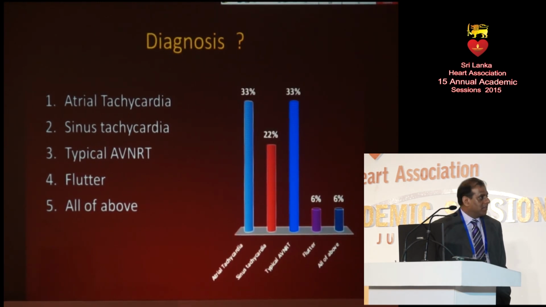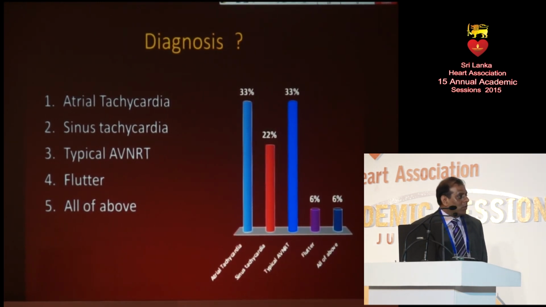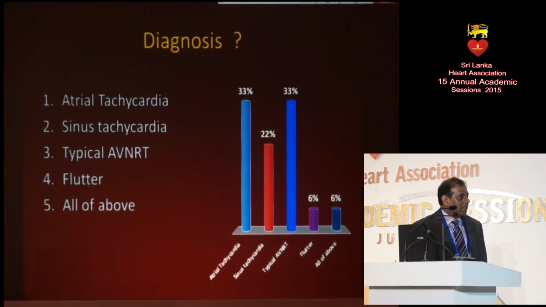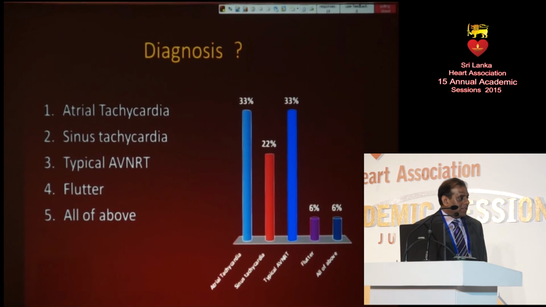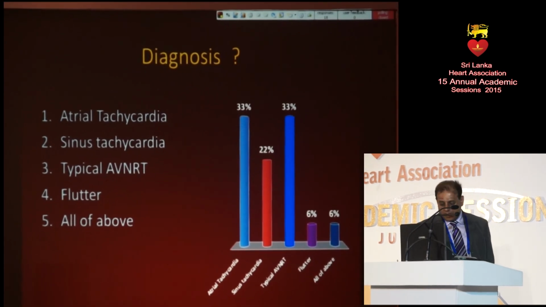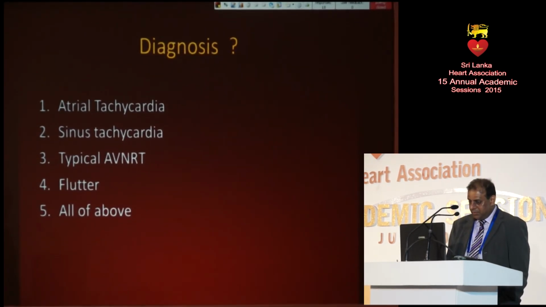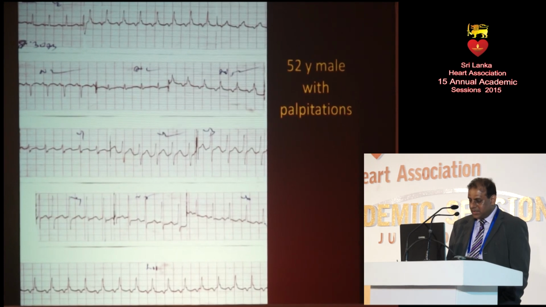Let's see the answers. There's an equal split between atrial tachycardia and AVNRT. Sinus tachycardia has also been voted. People have discounted flutter and the other answer. Let's go back to this.